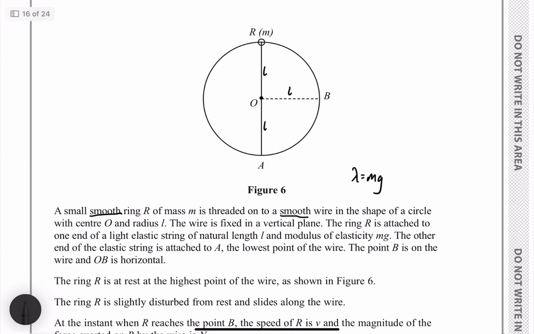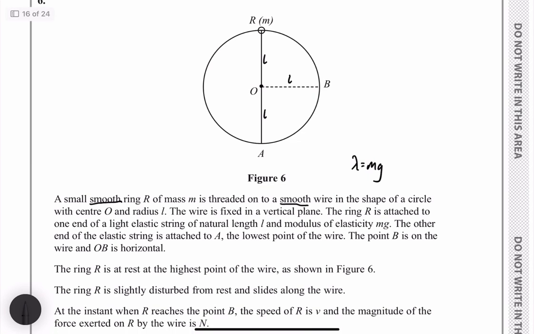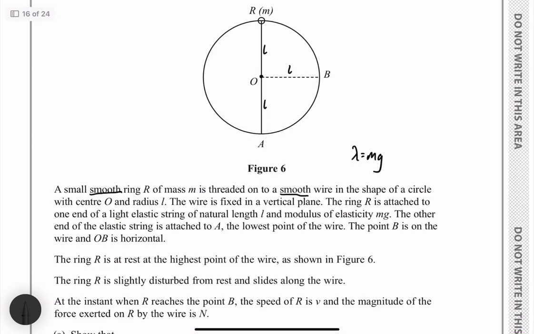The ring R is at rest at its highest point. The ring is slightly disturbed from rest and slides along the wire. At the instant when R reaches point B, the speed of R is v. So at this point here, the speed is v.